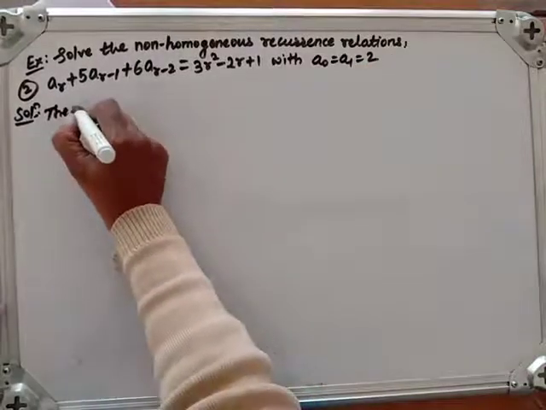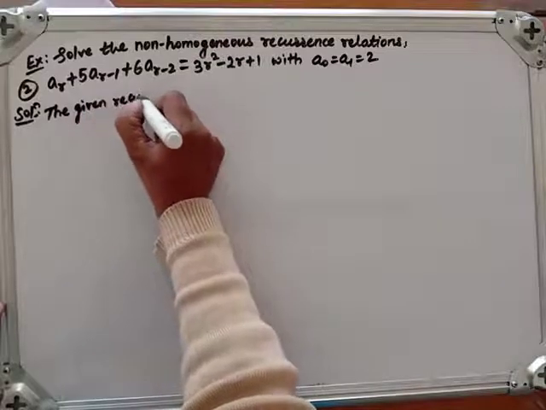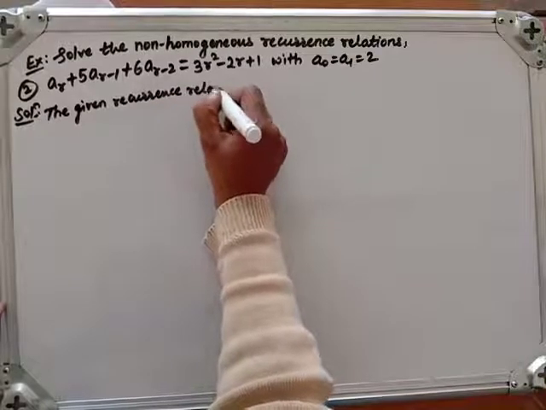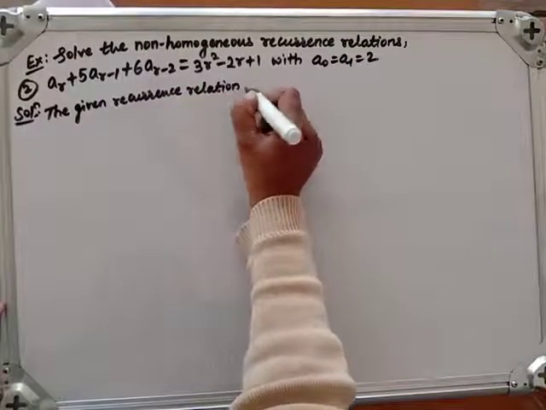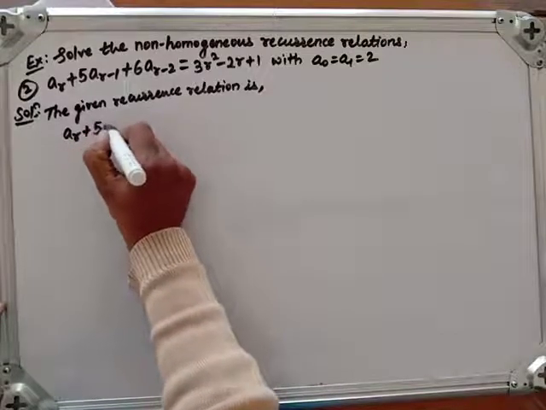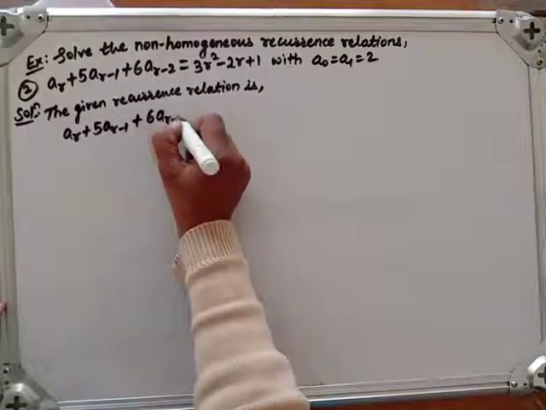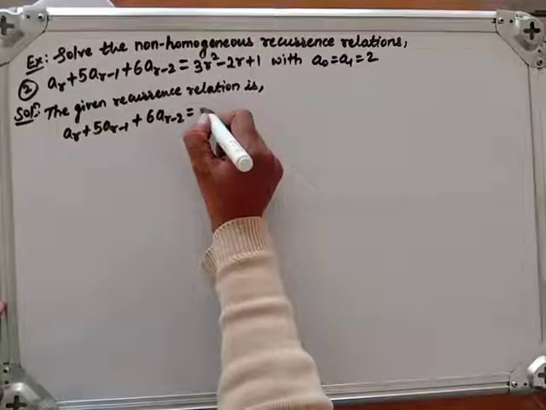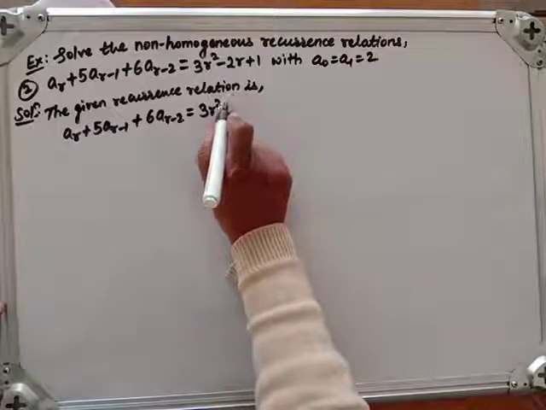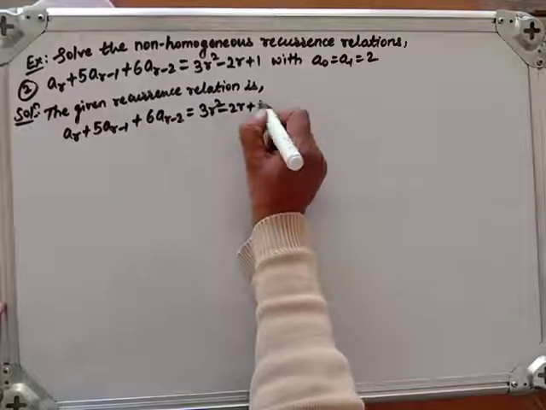So now the given recurrence relation is AR plus 5AR minus 1 plus 6AR minus 2 is equal to 3R square minus 2R plus 1.